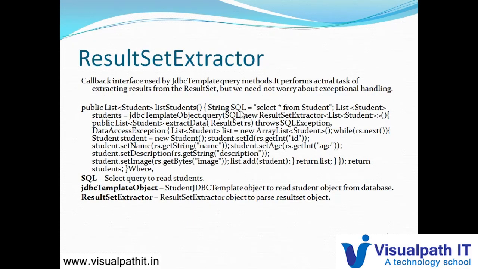The SQL query is select star from student, and everything is listed. Here the JDBC template object query will take the new result set extractor, that is taking all the results from the student DB. And if an SQL exception is thrown, it will be taken care of also.